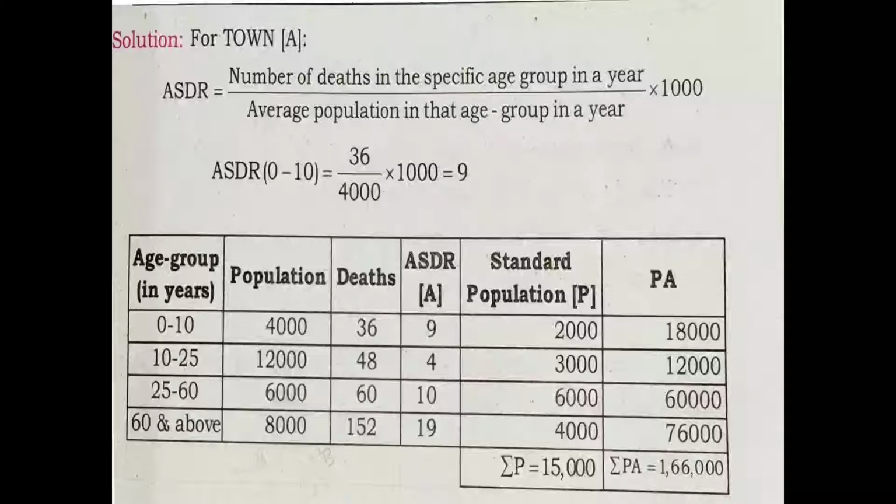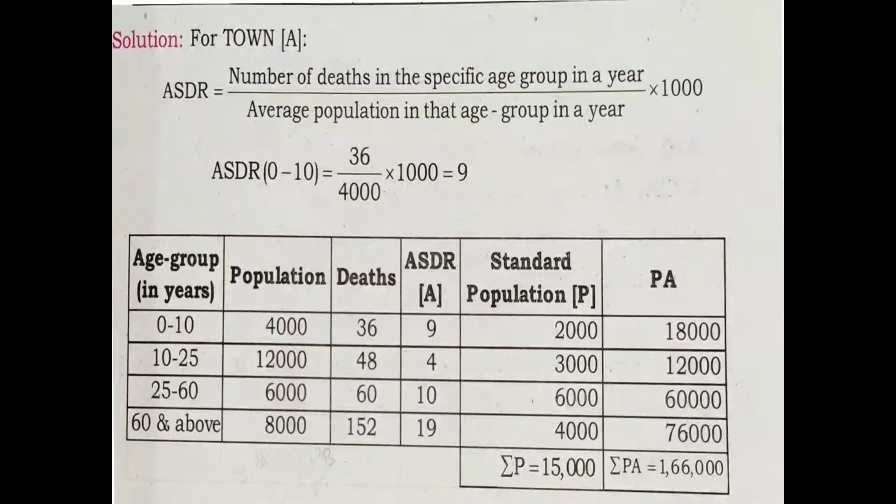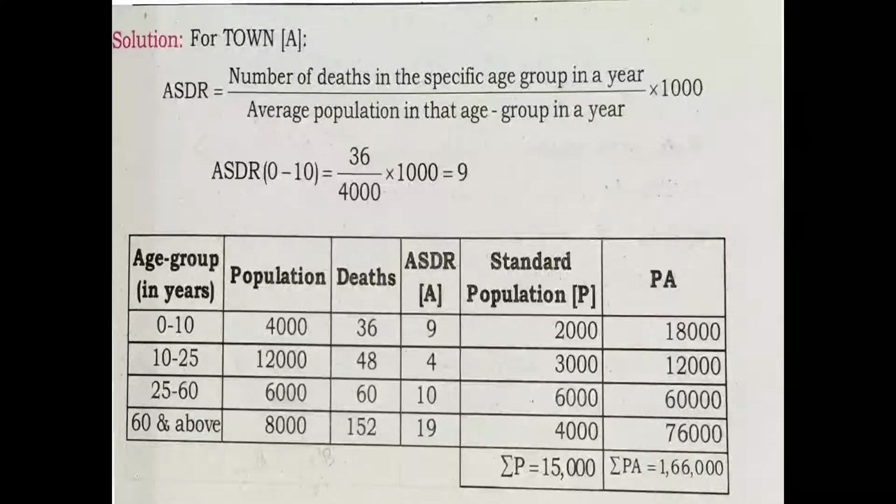Add the standard population as well as summation P into A, you will get summation P is 115,000 and summation P into A is 166,000. Similarly you need to do for town B.